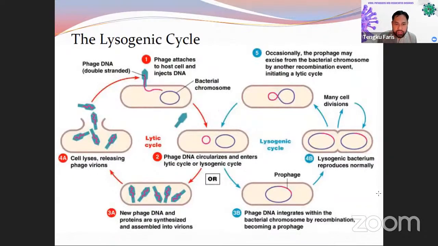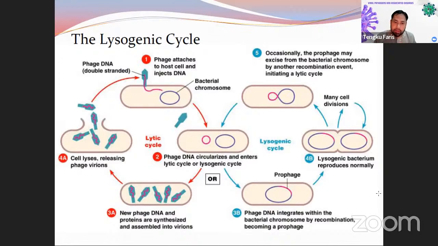However, for the lysogenic cycle, you can see here the process is quite similar. All right, the phage attaches to the host cells and injects its DNA. The bacterial chromosome is in a circular shape, as I mentioned earlier. Some books mention the bacterial chromosome as bacterial DNA, or some books also mention it as the plasmid.